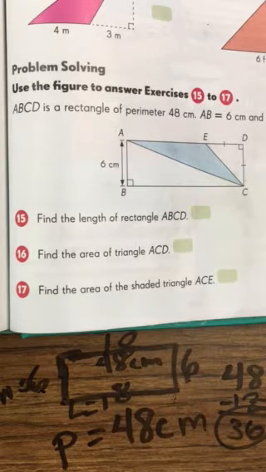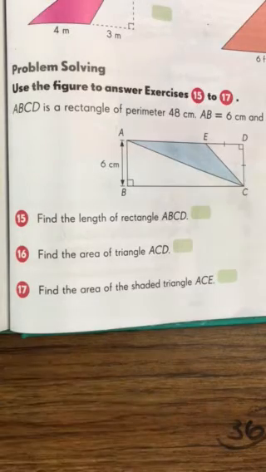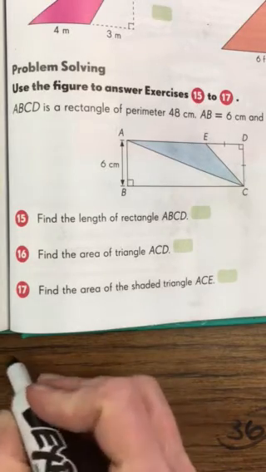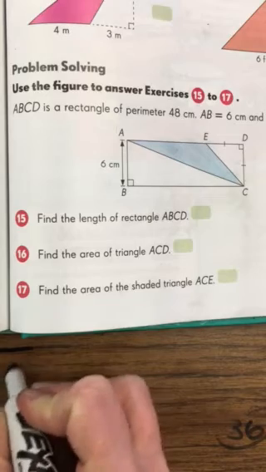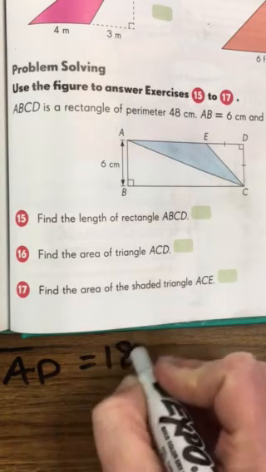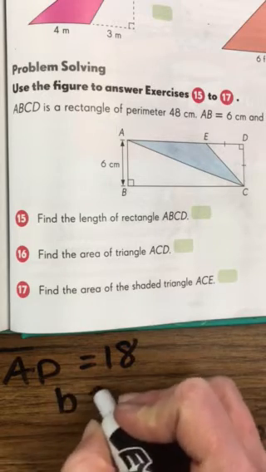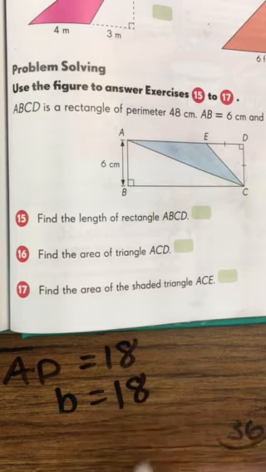Okay, so I'm gonna erase my perimeter there. Let's hope I remember. Okay, so now I know that line AD equals 18, okay? I can also say that that is going to be my base. My base is going to be 18, okay?